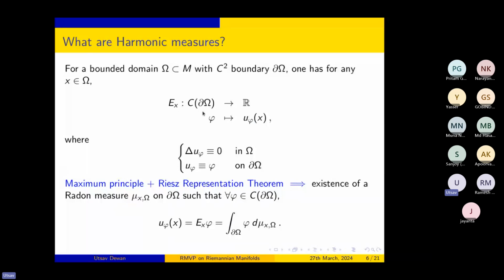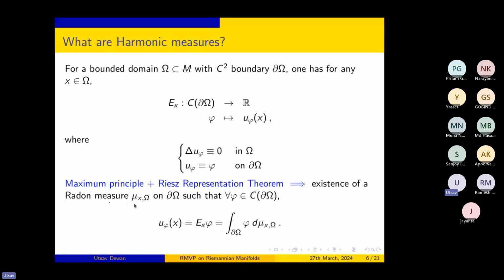Now you have a positive bounded linear functional on C(del omega), and del omega is compact. So you can simply use the Riesz representation theorem to write this evaluation map as represented by a Radon measure.